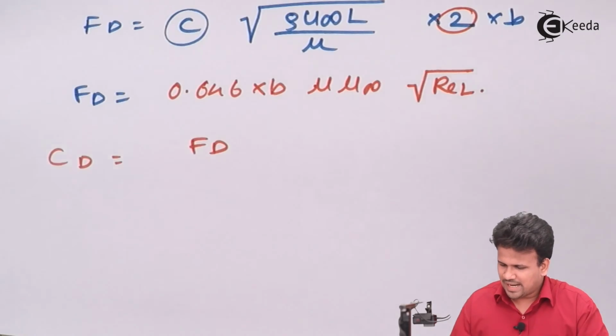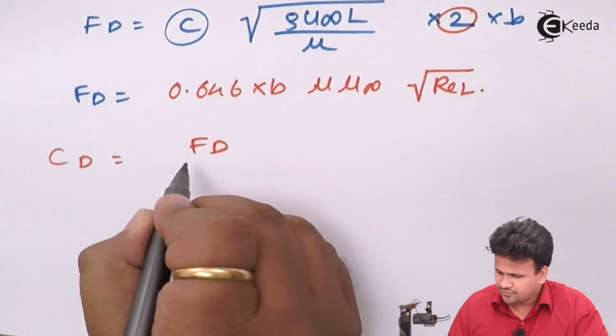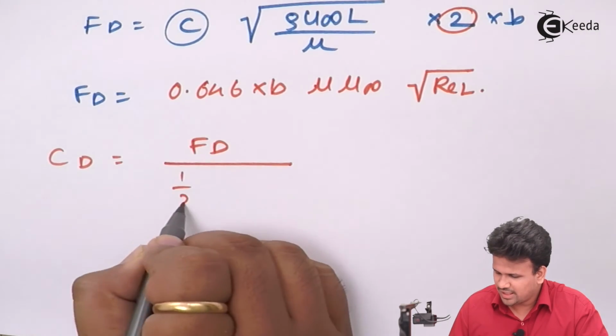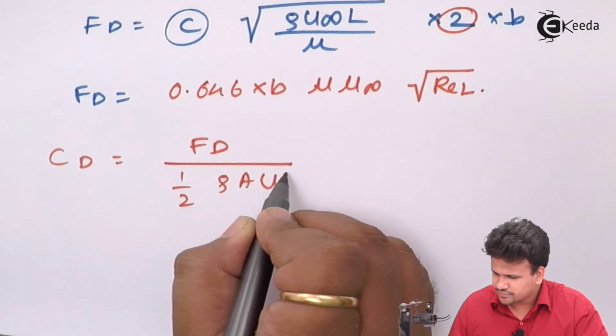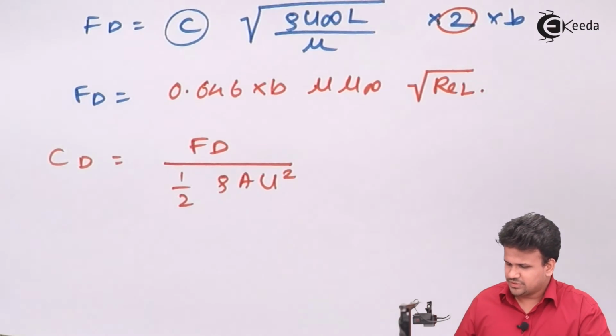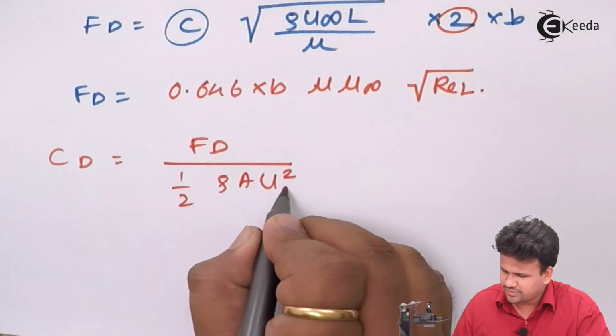And the coefficient of drag is given by the force due to drag we have calculated upon 1/2 rho into A into u infinity square.